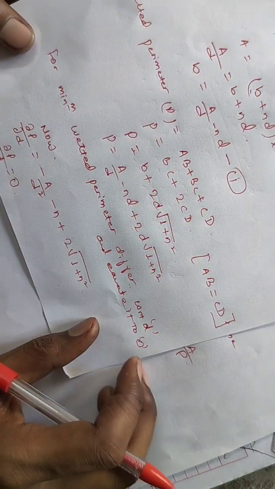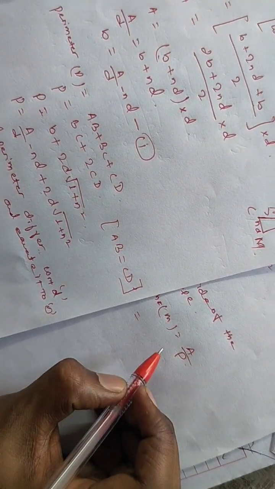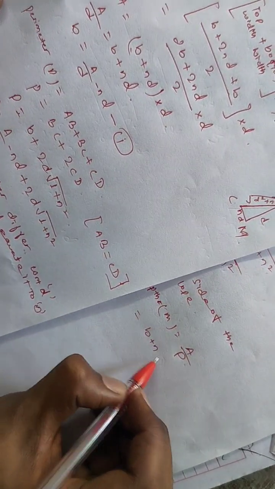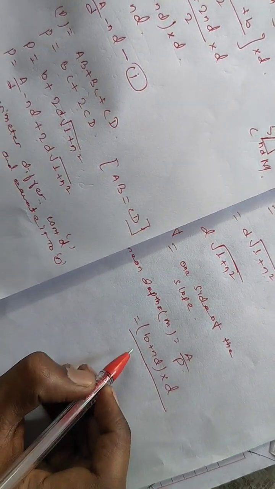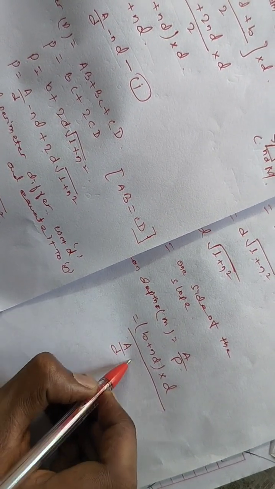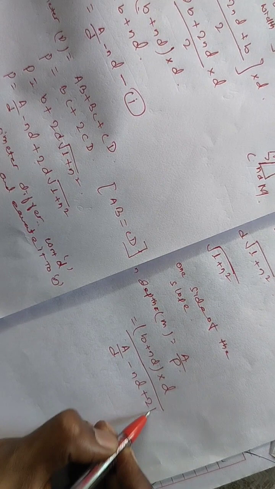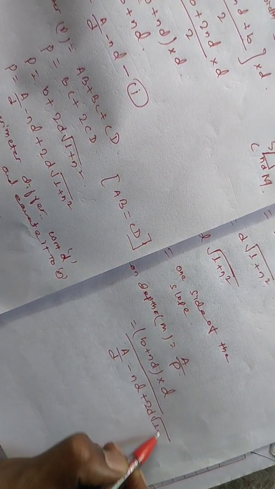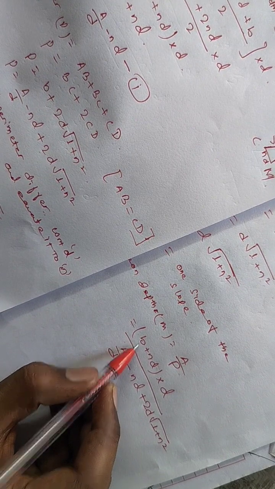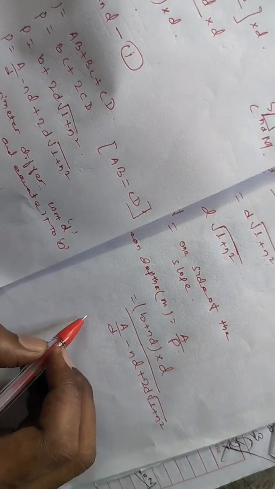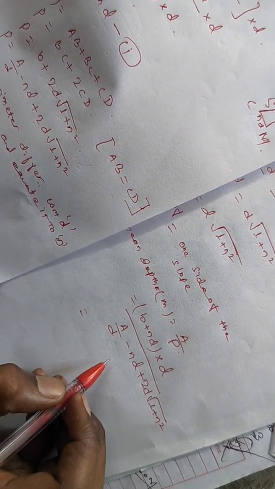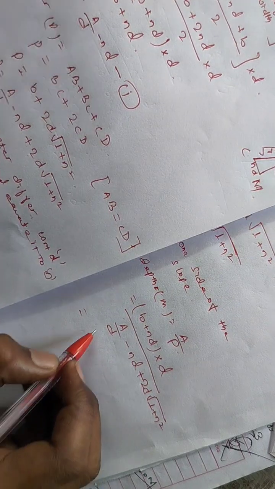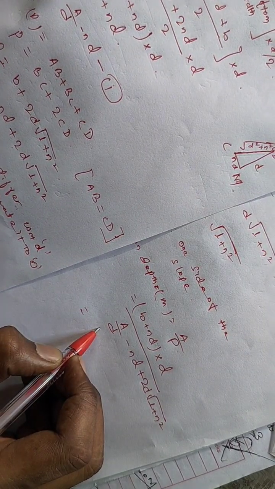Area we got as B plus nD into D. Also we got perimeter, in terms of D, as A by D minus nD plus 2D root under 1 plus n square. And also we have to convert this P in terms of D.